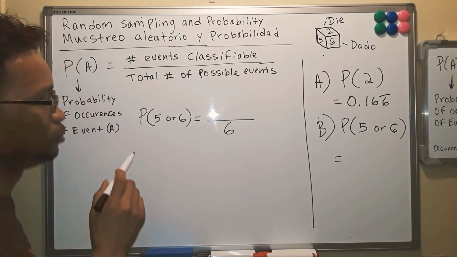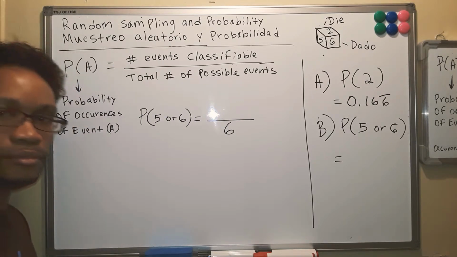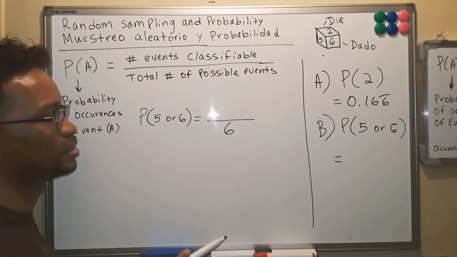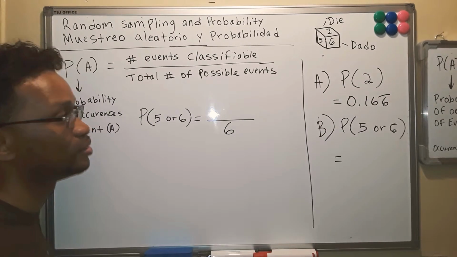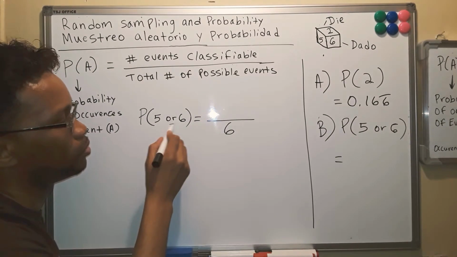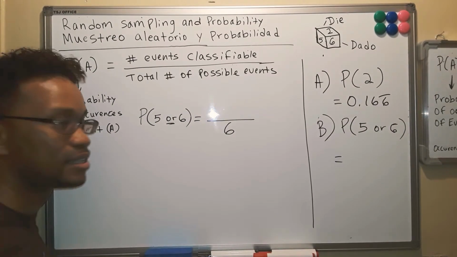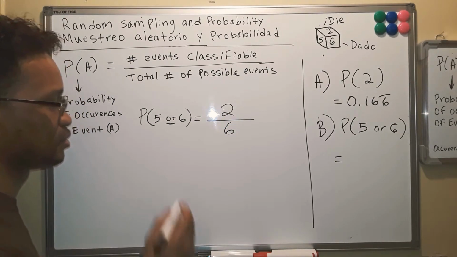If it's 5 or 6 on top, how many possibilities can occur? Since it is or, there are only 2 possibilities. So it's 2 over 6.